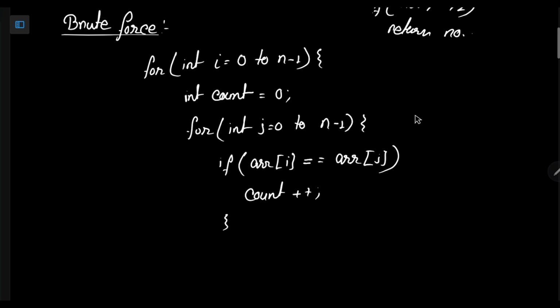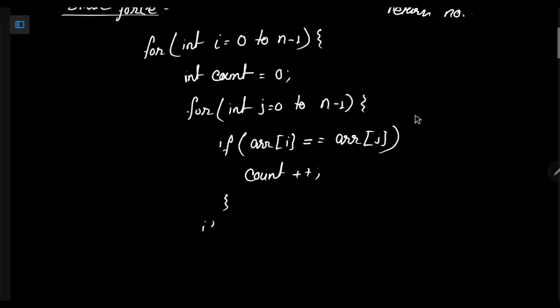After the j loop completes, we will check if count is greater than n by 2, then there is no need to go further.